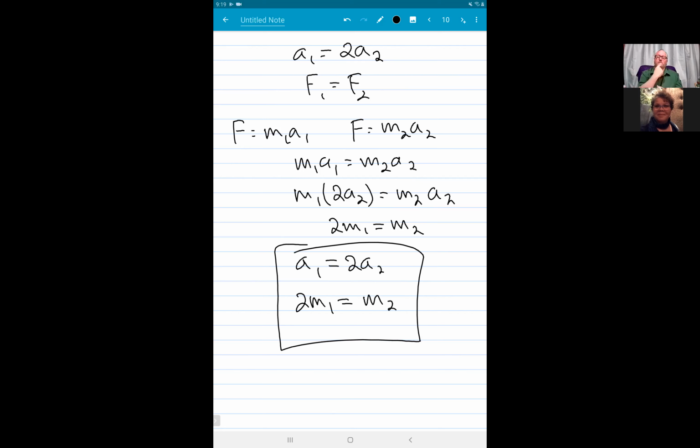Let's say that 1 is red and 2 is blue. Just for argument's sake, what would that imply? The ratio of the maximum accelerations, red cart versus blue cart. So they want the red to blue ratio.